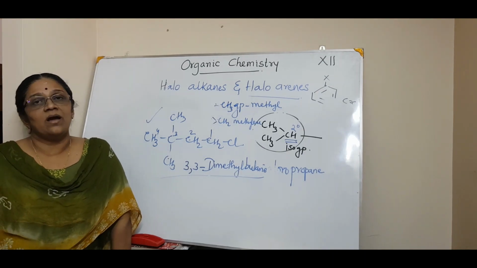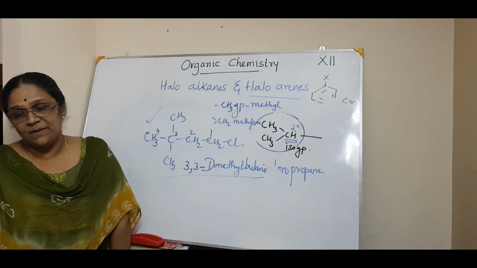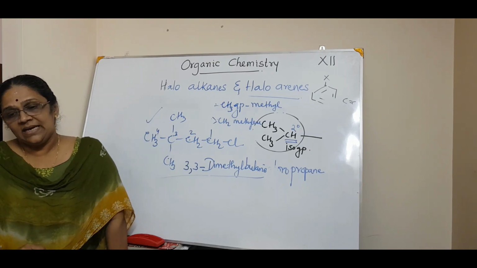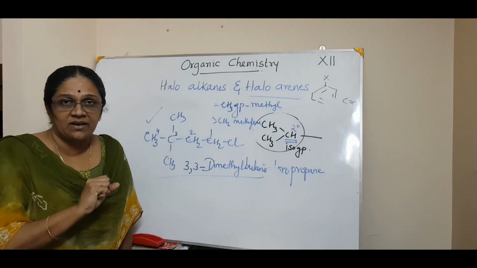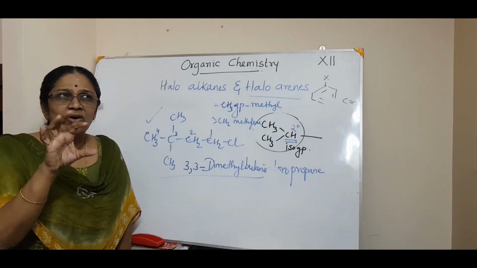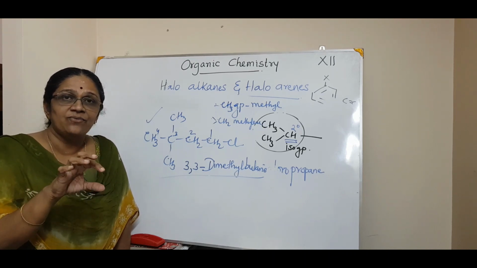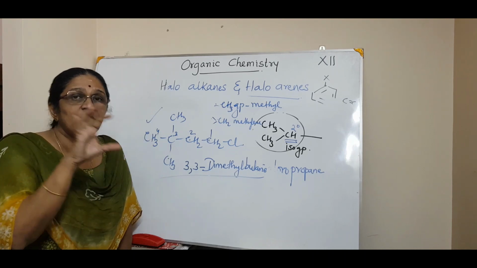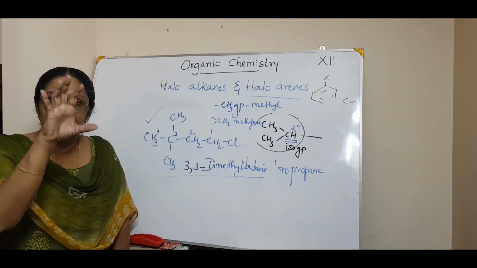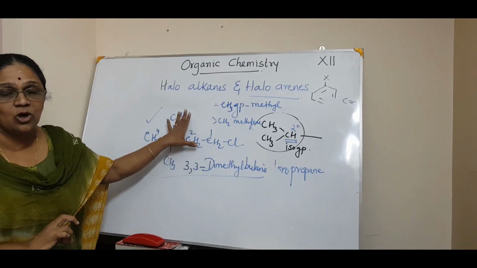Now what I want you to do is, there is a table in your textbook, Table 10.1. The common and the IUPAC names of some halides are given in a table. I think there are 10 or 12 examples. So please write the table today itself, both the IUPAC name as well as the common name for the given compounds. Hope you are clear with this nomenclature.